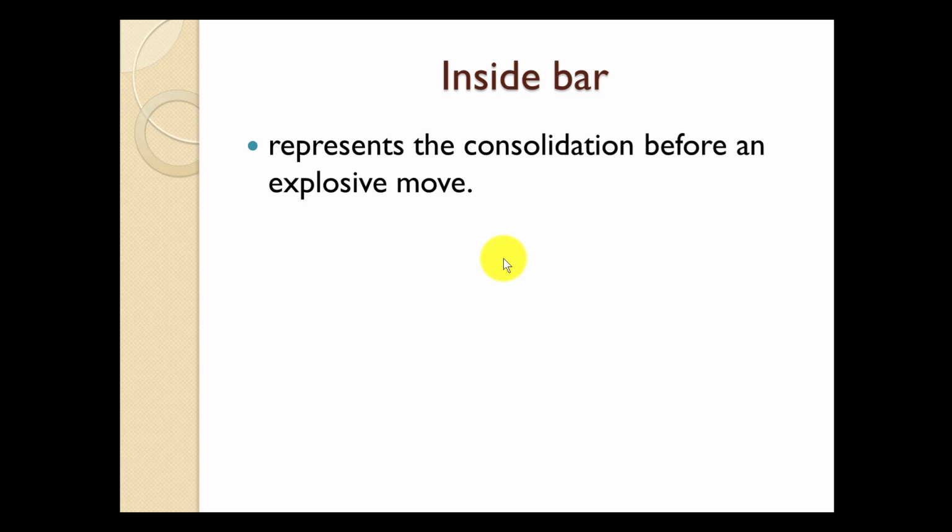When I say explosive move, that means there is a bar, or basically a candlestick, which is confined by another candlestick which is bigger in size and precedes the candle we are talking about. I will try to explain this with the help of diagrams, but for now, an inside bar represents the consolidation before an explosive move.